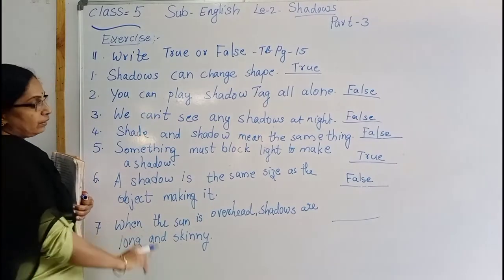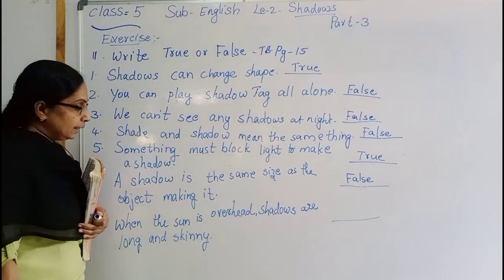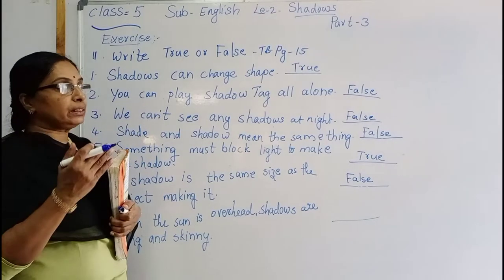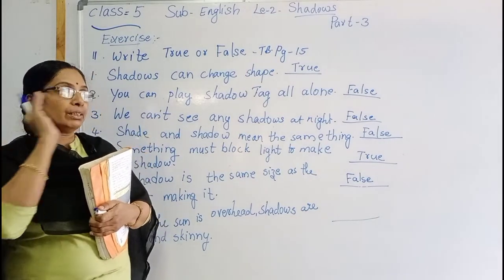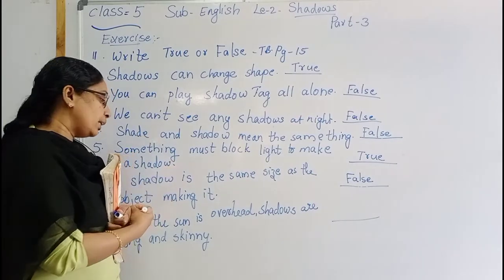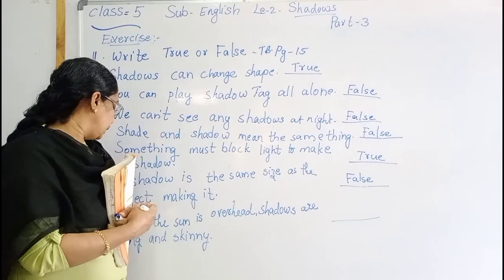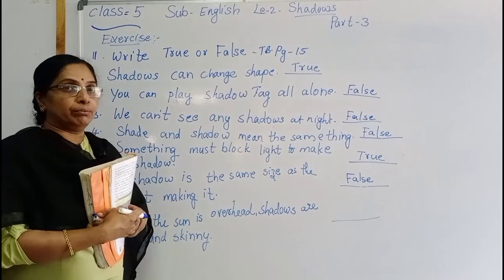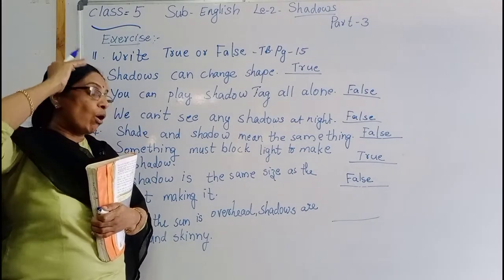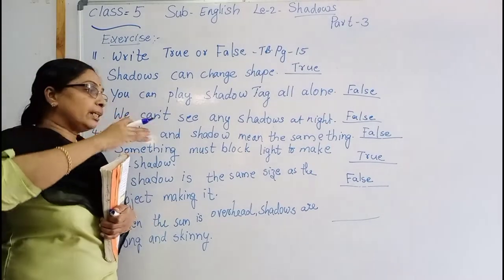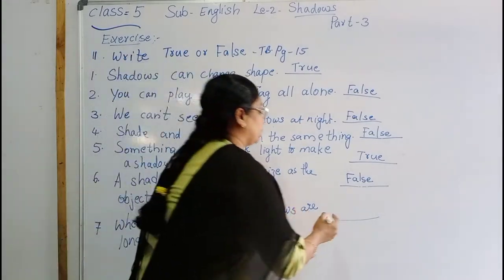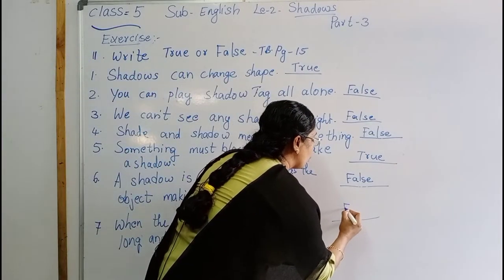Here, when the sun is overhead, shadows are long and skinny. You see, children, in the morning time and evening time, the shadows will be long and skinny, thin type. But at noon time, the sun will be overhead of us. That time, the shadow will be short and fat. So the statement is false.